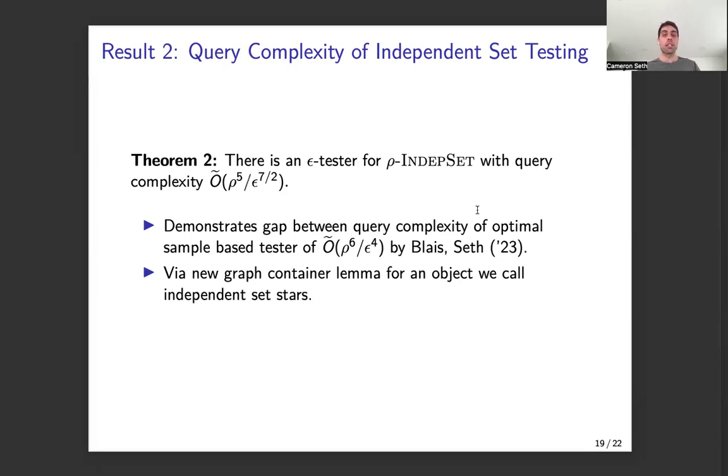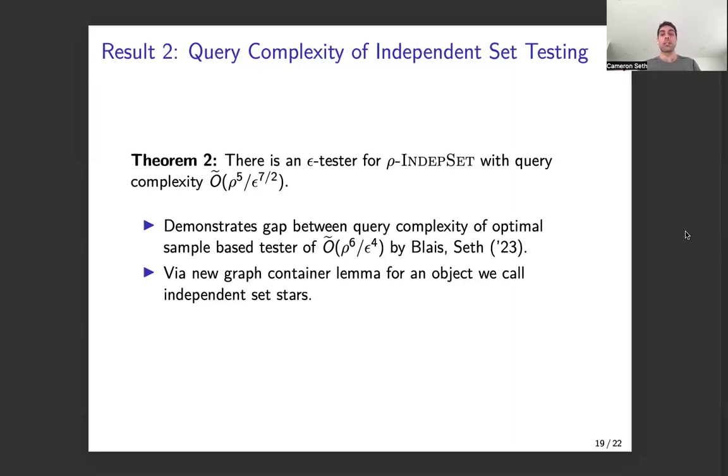And so what this shows is that we can actually do better than this query complexity of the sample-based tester. And this type of gap is not known for very many graph properties. And we prove this via a new graph container lemma for an object we call independent set stars.